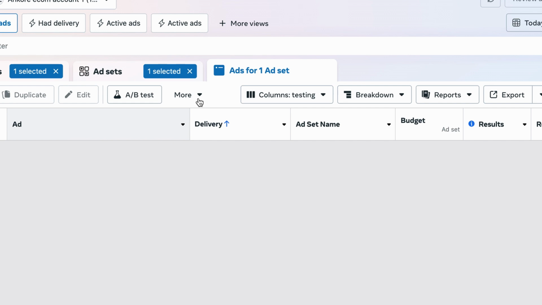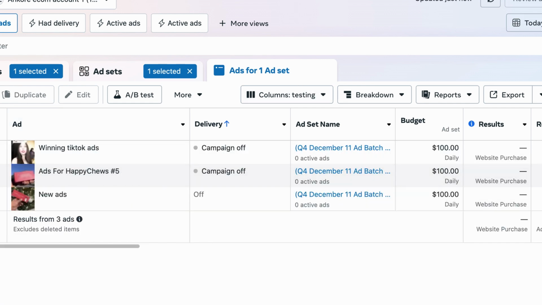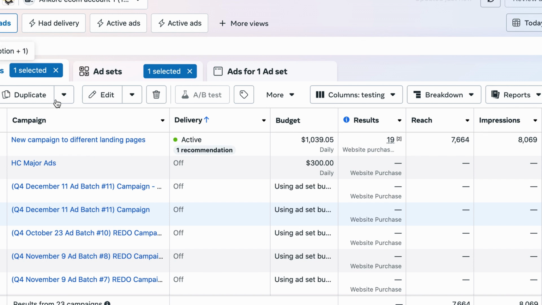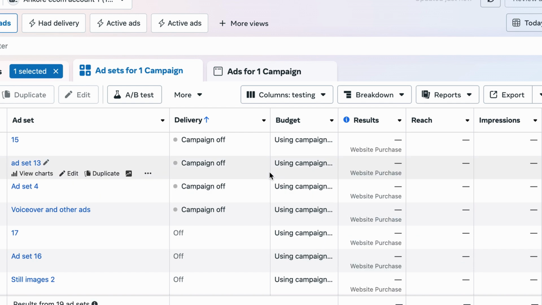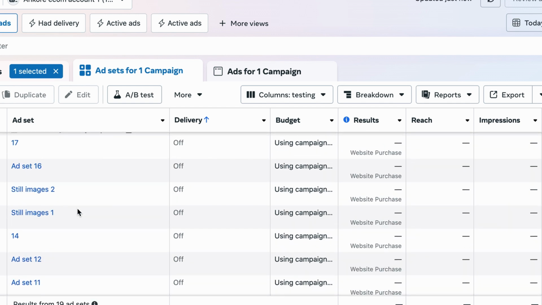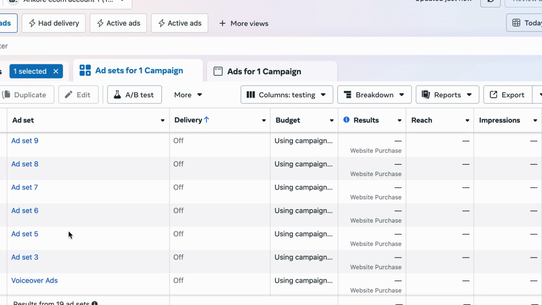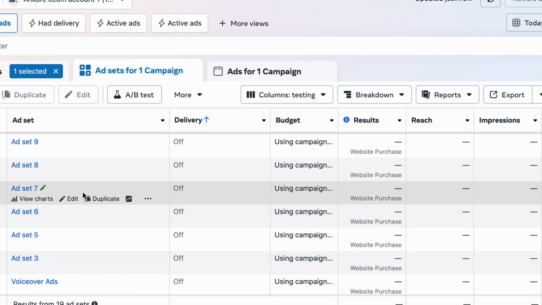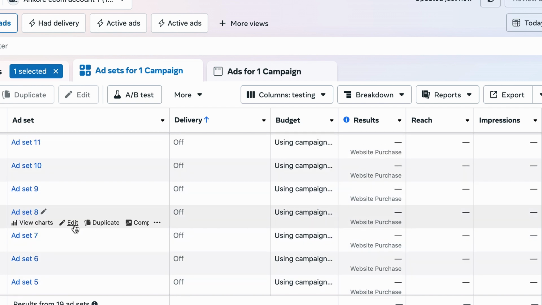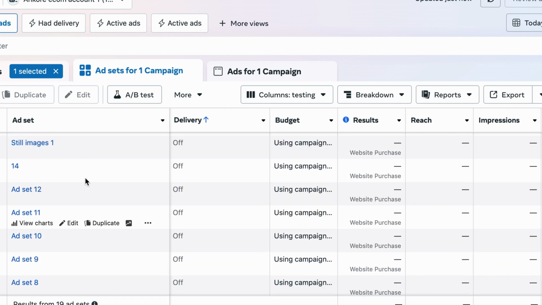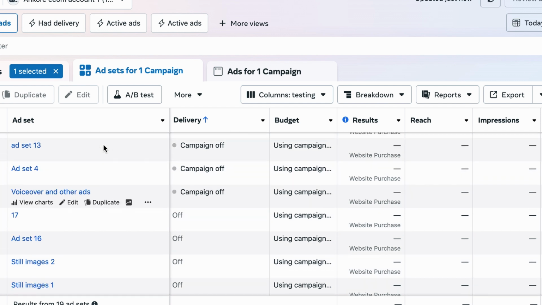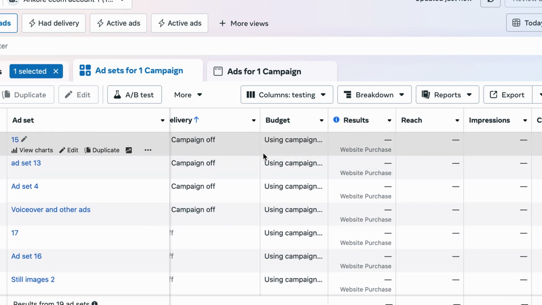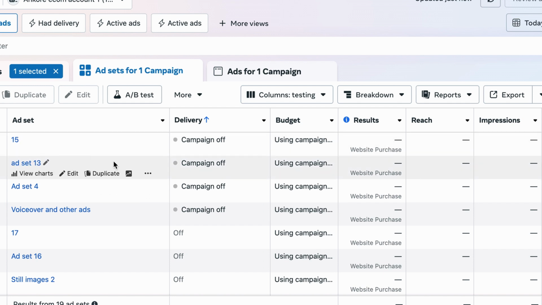This one, it was just one ad set, but I was testing different ads. But watch, the last one I've tried, check it out. Look how many ad sets I tried on this one campaign. One campaign, 1, 2, 3, 4, 5, and there's 10 ads in each ad set. 6, 7, 8, 9, 10, 11, 12, 13, 14, 15, 16, 17, 18, 19 ad sets for me to find the winning ad.